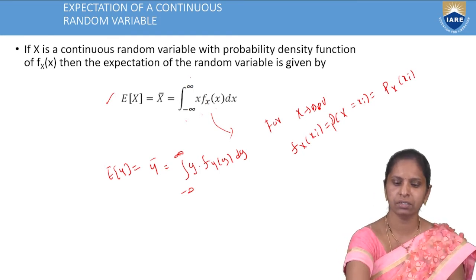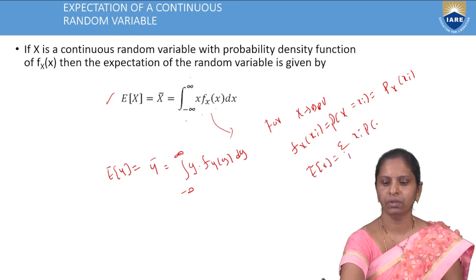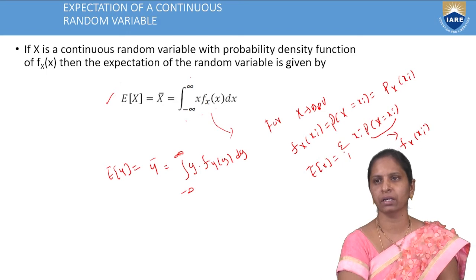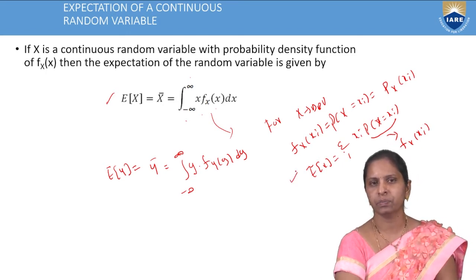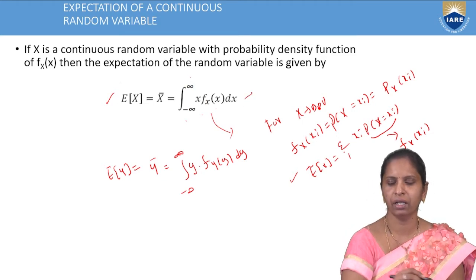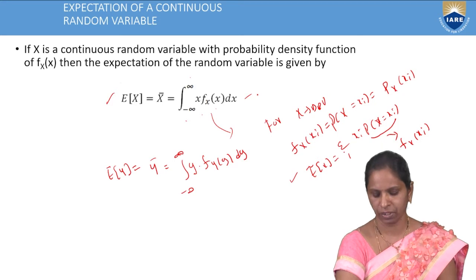If it is continuous, I'll get the integration. If it is discrete, then I'll get the sigma. Then what is the formula for a discrete random variable? xi into p of x equals xi, which is also called the density function at that particular element xi only. So this is the formula to calculate the expectation of a discrete random variable, and this is the formula to calculate the expected value of a continuous random variable.